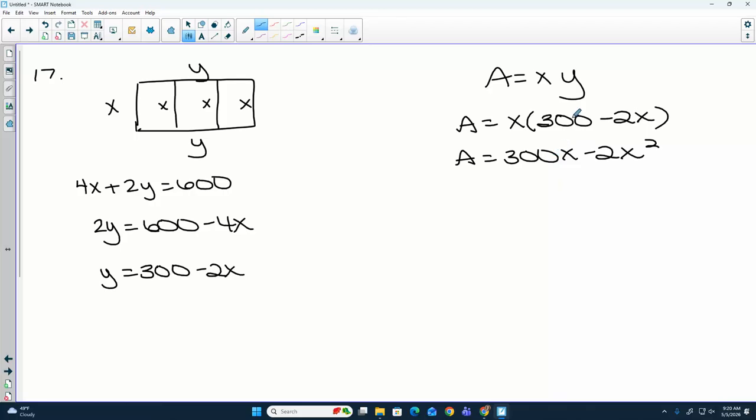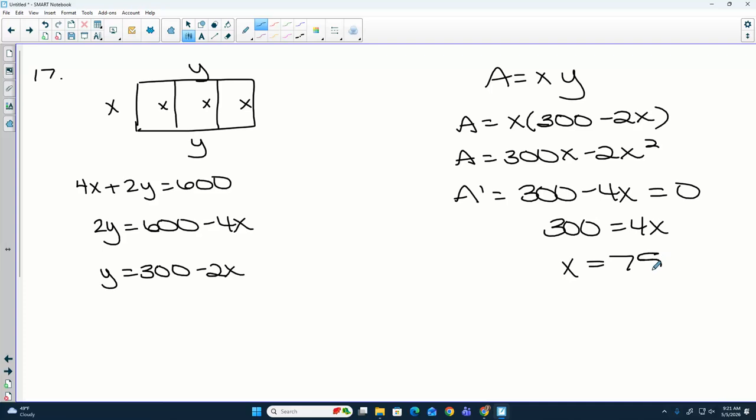Then how do we find a maximum or a minimum? Derivative. So derivative would be 300 minus 4x, and we're looking for when the derivative is 0. So if you do that, you get x to be 75.